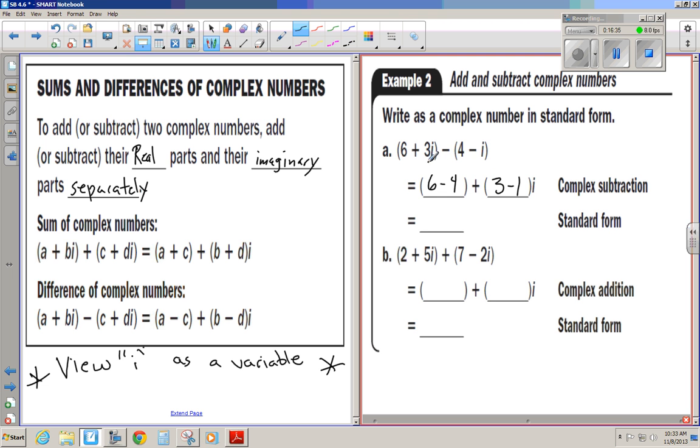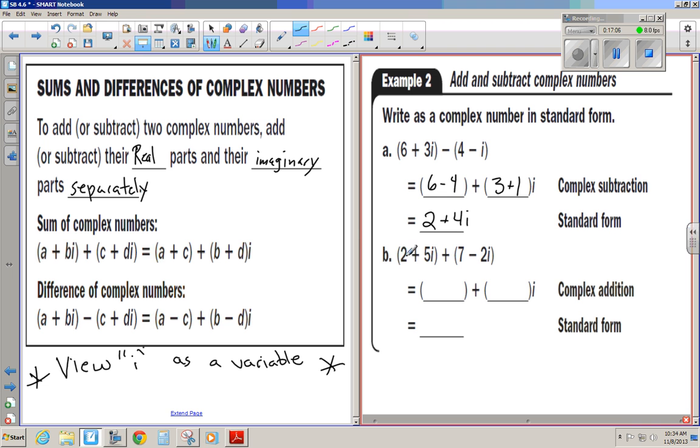All right, but really you just look, what's 6 minus 4? 2. And then 3i minus i, what's 3i minus i? 3i minus a minus is a plus. So 3, that's plus 4i.